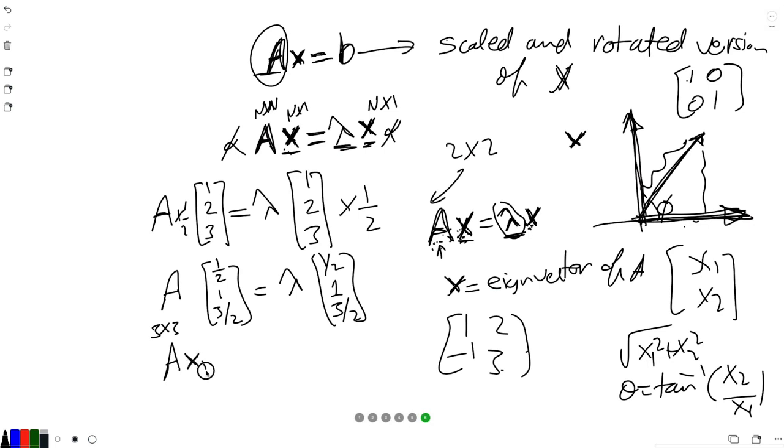So it will be like A times x1 equal to lambda 1 x1, A times x2 equal to lambda 2 x2, and A times x3 equal to lambda 3 x3. It means that we have 3 eigenvectors and 3 eigenvalues.